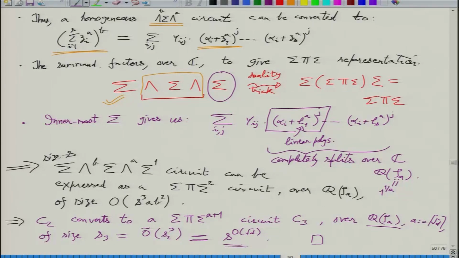So which is also the fan-in of the product gate here, right? So actually the depth 3 circuit is multiplying a lot of things. Each of the factors have kind of small sparsity.